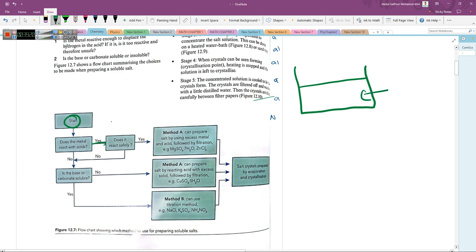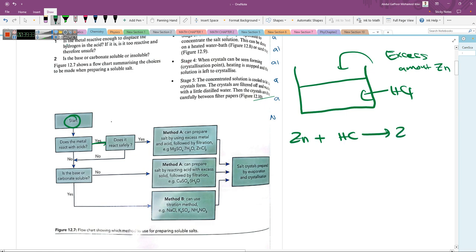So if you take HCl and put an excess amount of zinc, what will happen? Now Zn will react with HCl to produce ZnCl2 and H2 gas. So we have produced ZnCl2 salt, right? So you can see here ZnCl2 salt has been produced.